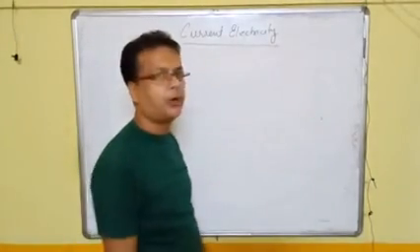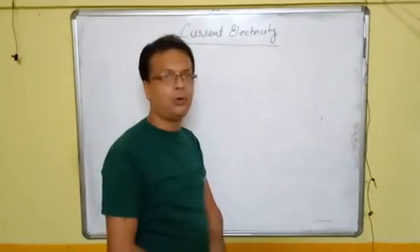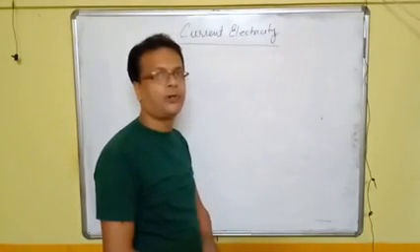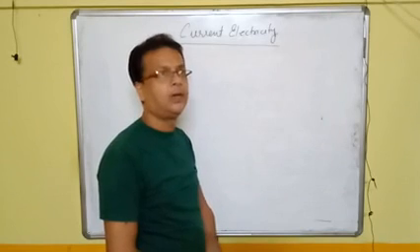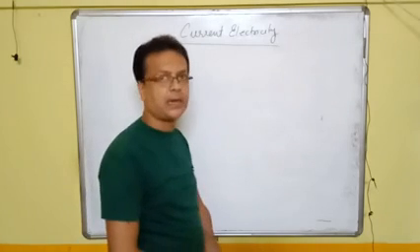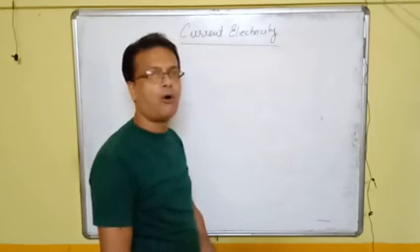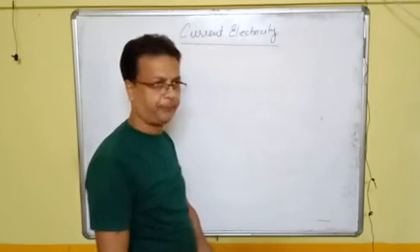Before I start with the topic, first of all we must know the definition of current. As we have learned in school, current is defined as the rate of flow of electric charge.